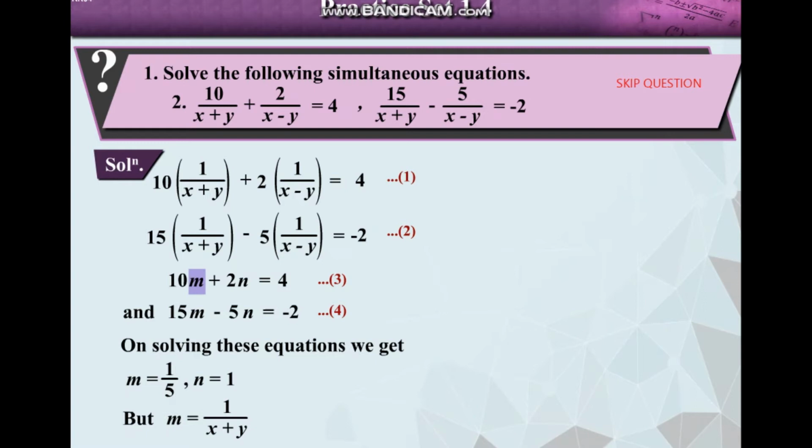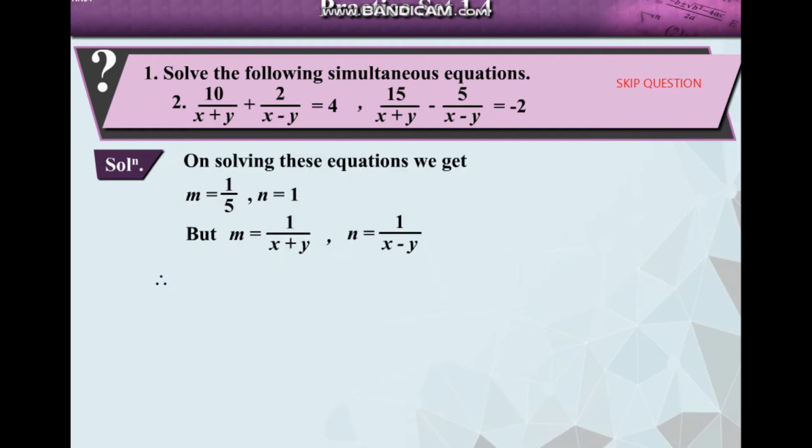But m is equal to 1 upon x plus y and n is equal to 1 upon x minus y. Therefore, 1 upon x plus y is equal to 1 upon 5. And 1 upon x minus y is equal to 1. Therefore, 5 is equal to x plus y. 1 is equal to x minus y.